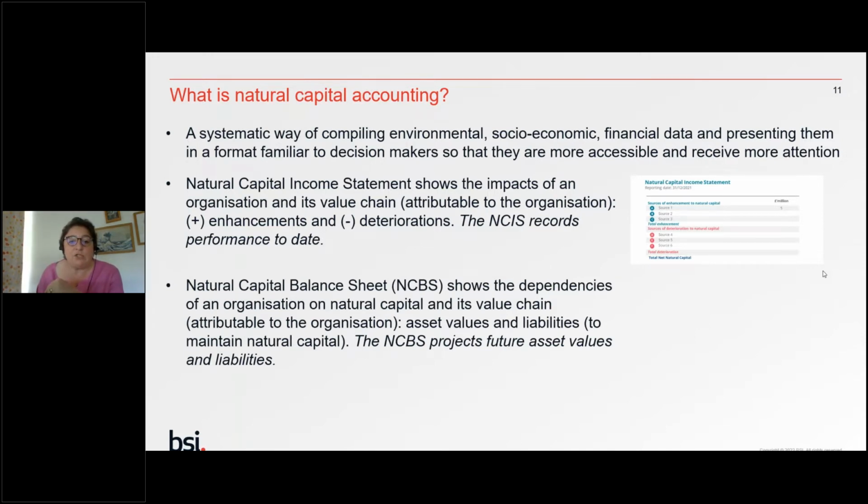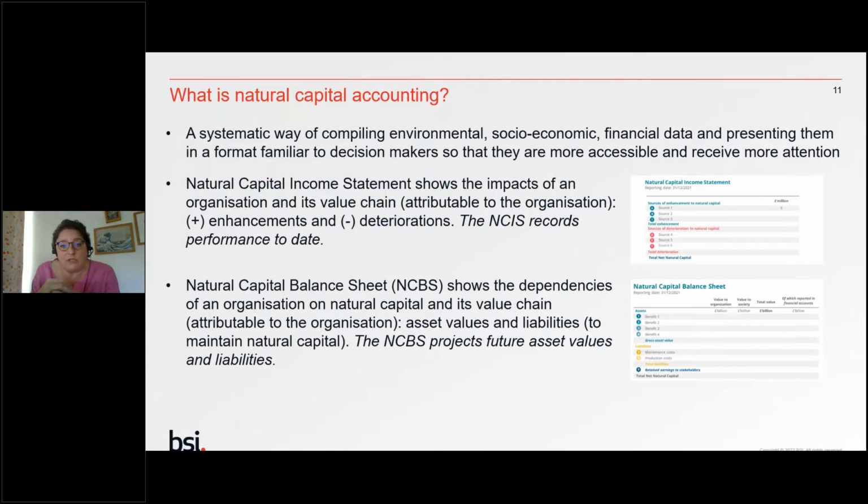Natural capital balance sheet shows the dependencies of the organization on natural capital assets. It shows what assets the company owns, operates, or depends on, even if it doesn't own them, and what its value chain depends on. And it shows the benefits those assets provide, the asset value, both to the organization, but also to the rest of the society.